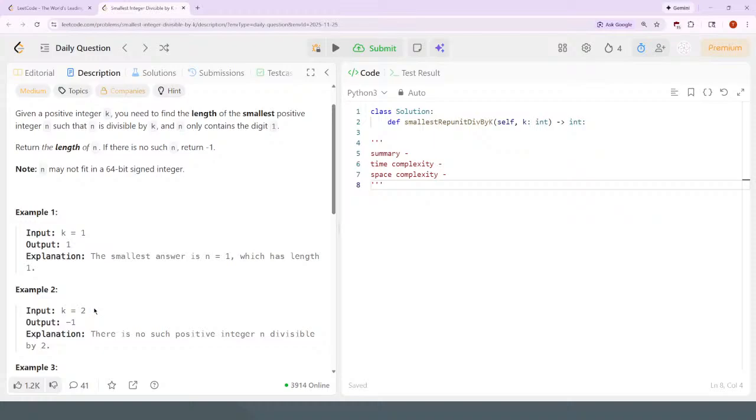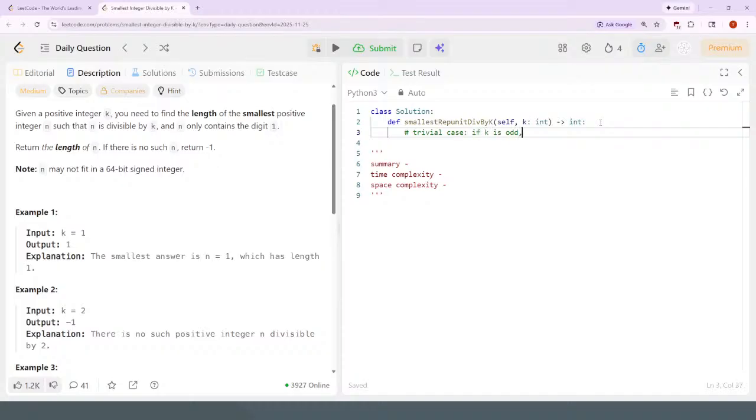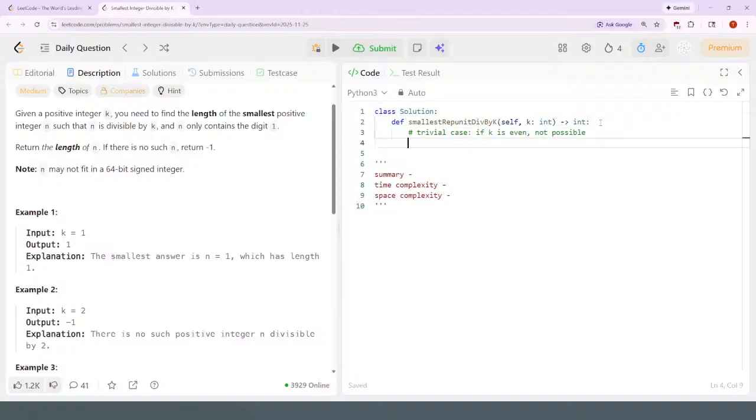So k has to be not even, otherwise it's going to be an odd number divided by an even number, which means it's never divisible. So I can possibly do a trivial case: if k is even, not possible. And I think if k is odd, then it's always possible.